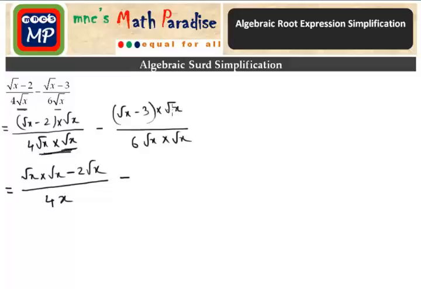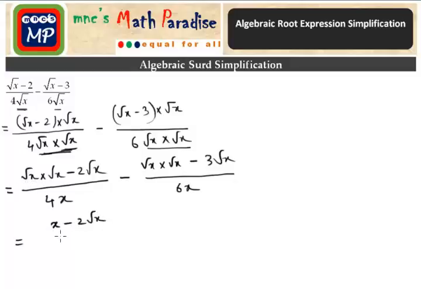Similarly, if we distribute this root x over this expression, then root x times root x, minus 3 times root x, division, these two root x multiplied will give us x, so 6x. So now we have x minus 2 root x, division 4x, minus x minus 3 root x, division 6x.